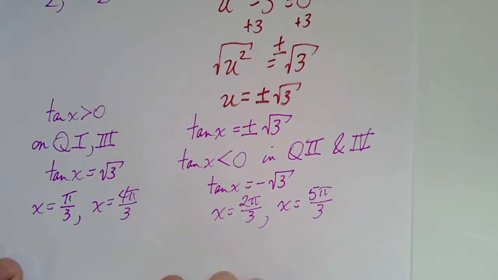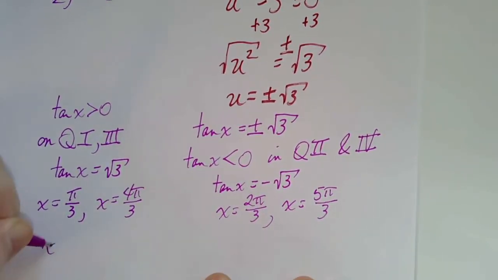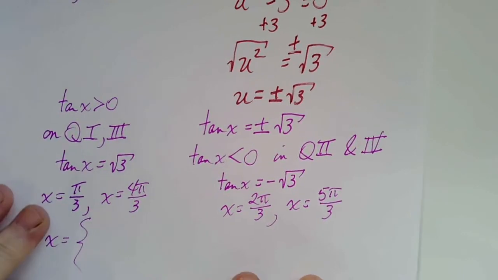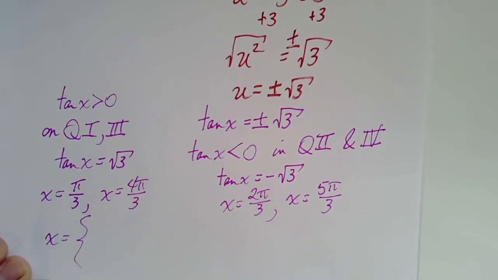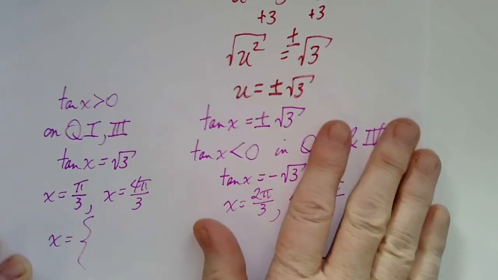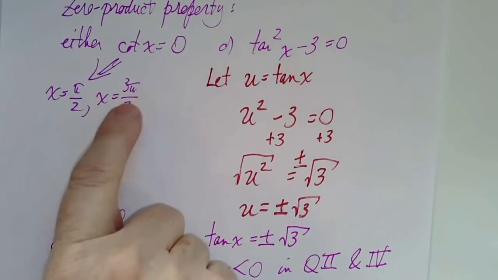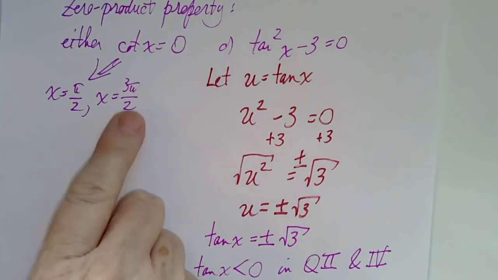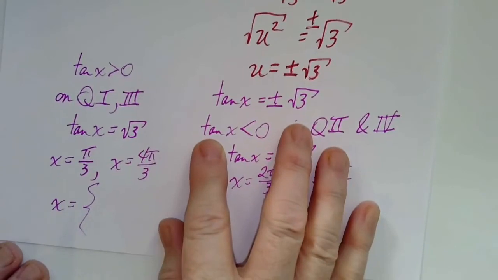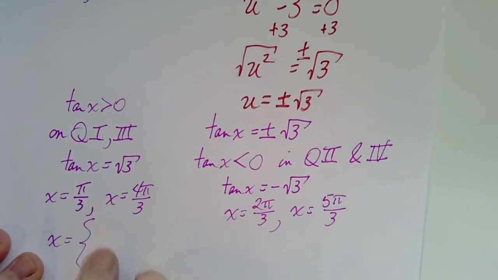I mean, we have lots of solutions. So x is equal to, it's kind of fun to try to put them in order. And the two solutions that we had from the cotangent equation were pi over 2 and 3 pi over 2. It looks like pi over 3 comes first.